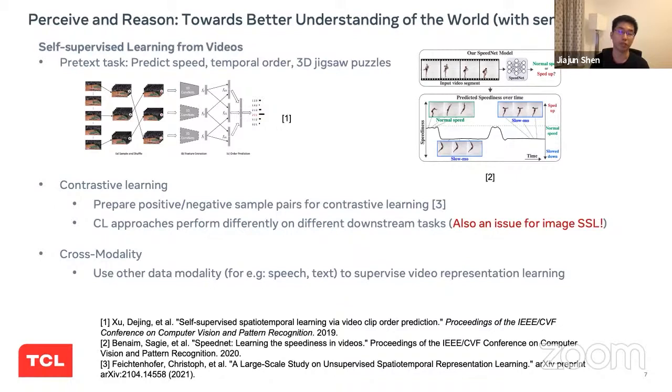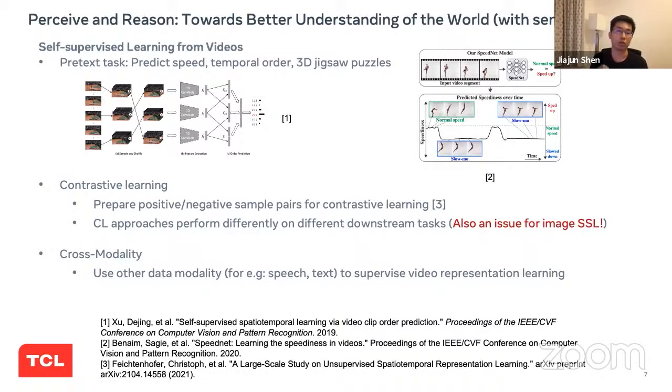There are 3 different types of solutions to do self-supervised learning for videos. One is you can define some pretext tasks. For example, you can separate the entire video clip into 3 different clips, and for some of them you speed them up, for some of them you slow them down, and you want the neural network to predict the relative speed of those video clips.